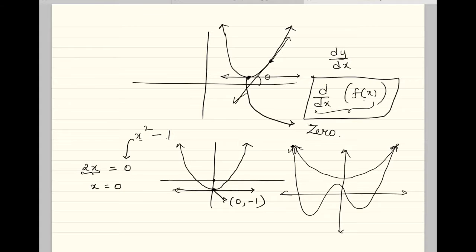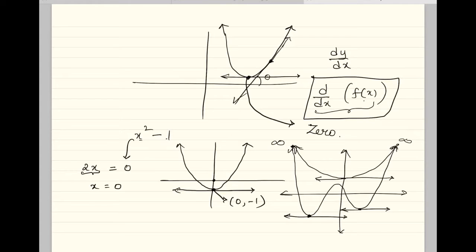So in either case, where do you get the minimum value? At the minimum value, if you draw tangent, its slope will be 0, right? Here also if you draw the tangent, its slope will be 0. Here also if you draw a tangent, slope will be 0. So in order to find out the minimum possible value for such functions which go from infinity to infinity, we need to find the points at which the slope becomes 0.